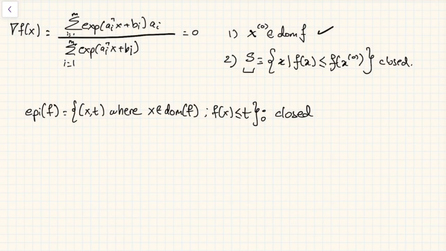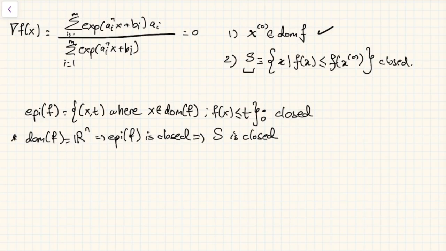Now, some edge cases appear where you can say, I am 100% sure I am working with closed sublevel sets no matter where the starting point is. One is when the domain of f is all of R^n, then your epigraph of f is closed, and hence S is closed.